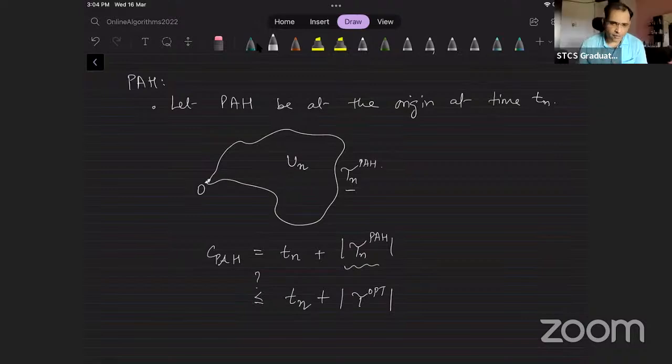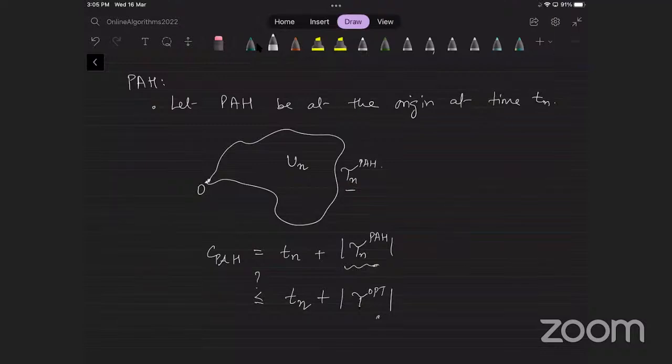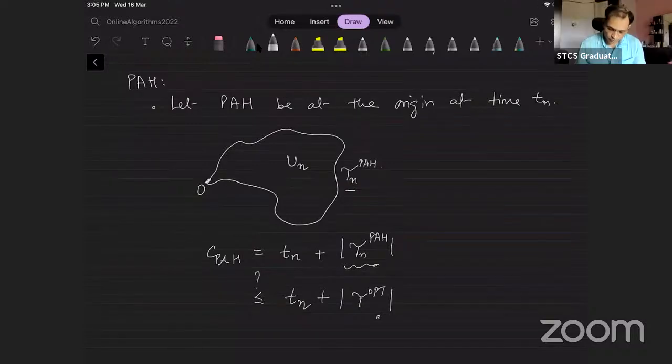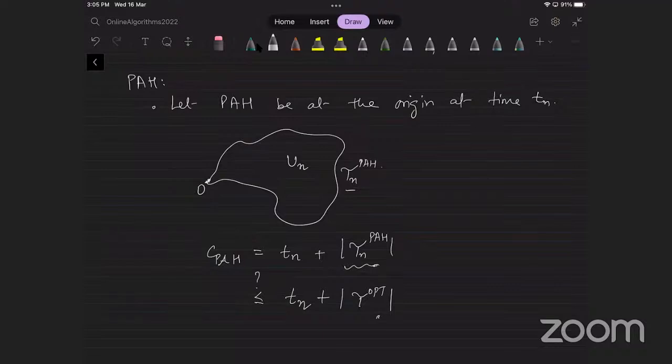I want a precise one line answer. The claim is that this quantity is lower bounded, an upper bound on TNPAH. Why is that? Because PH is a tour of some unfulfilled requests, and it is a subset of all requests.